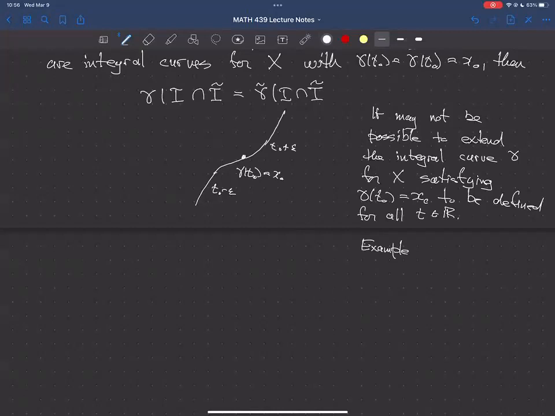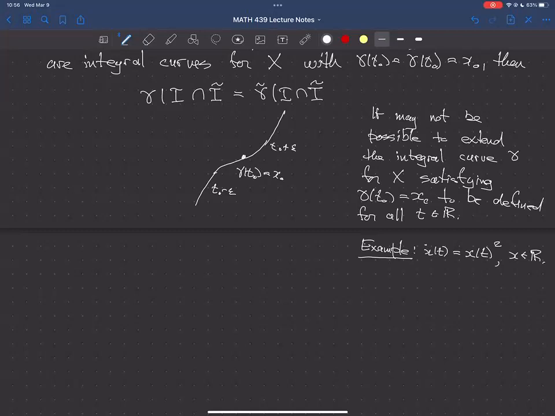If you haven't seen this example, I can work it out. Just that scalar differential equation will have that feature.